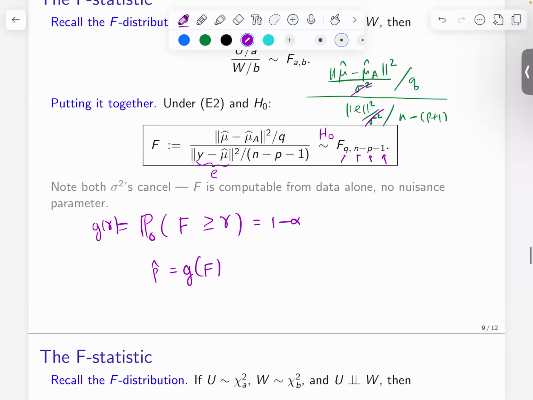I can report it, and this is equivalent: the test would be p hat less than or equal to alpha. Either set the threshold based on 1 minus alpha, or report the p-value. Equivalently, reject if F is bigger than G inverse of 1 minus alpha. The two tests are equivalent.